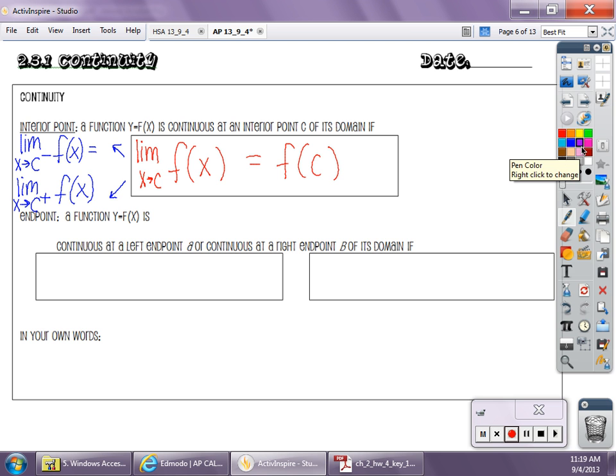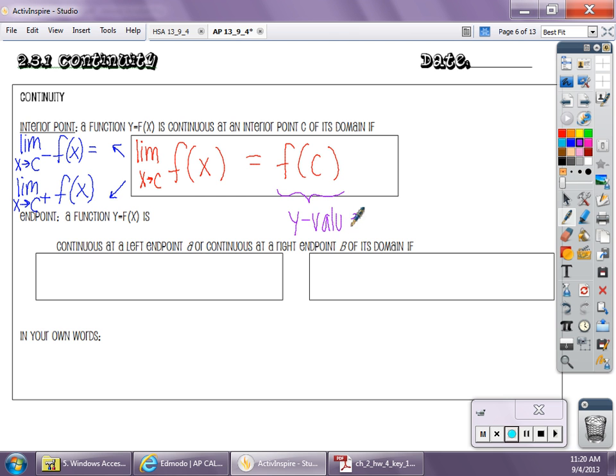Well, let's talk about what f of c means. Let's say x equals 3. So as x goes to 3 of the function, this guy's limit has to be equal to f of 3. What is f of 3? As a description, what are you looking for if I ask you f of 3 in a graph? The y value.